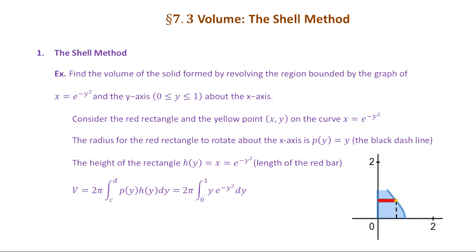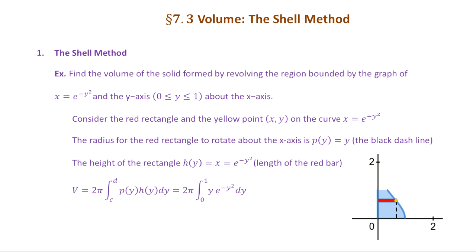The radius for the red rectangle to rotate about the x-axis is p of y, as we called it previously. That's the black dashed line below the yellow point, the radius of the rotation for the rectangle about the x-axis. So p of y is just equal to the y coordinate of the yellow point.